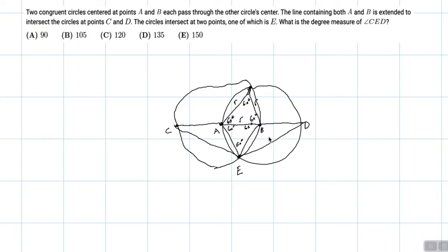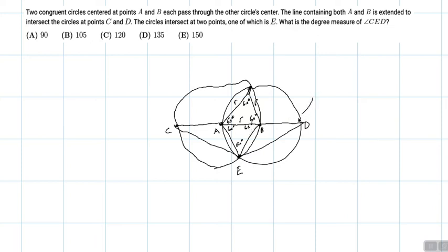What we can now do is we know that this triangle right here, EBD, this portion of it is 60 degrees.